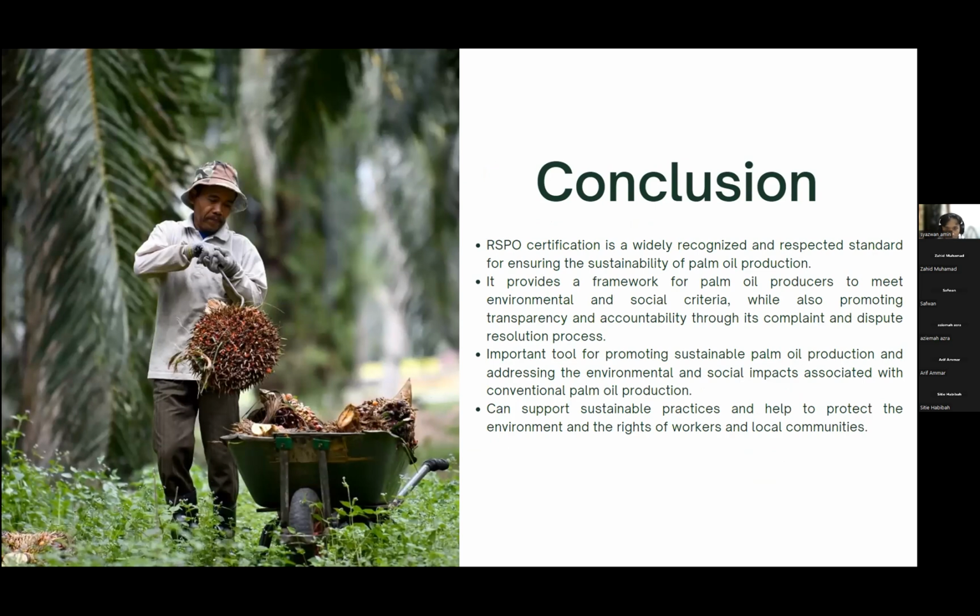This is an important tool for promoting sustainable palm oil production and addressing the environmental and social impact associated with conventional palm oil production. And lastly, it can support sustainable practices and help to protect the environment and rights of workers and local communities.